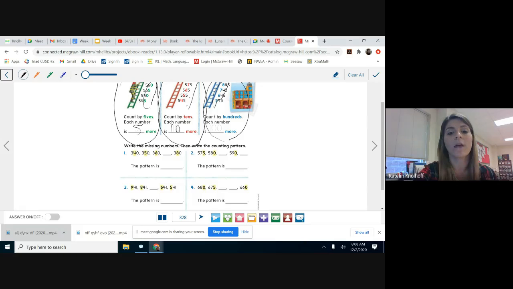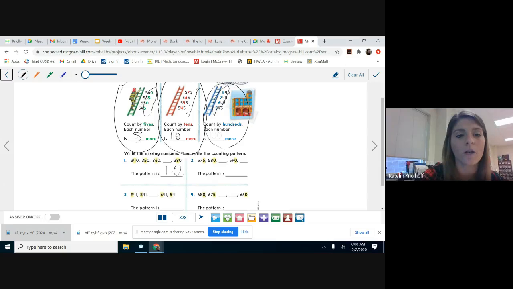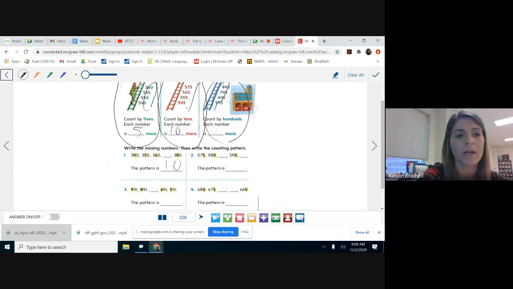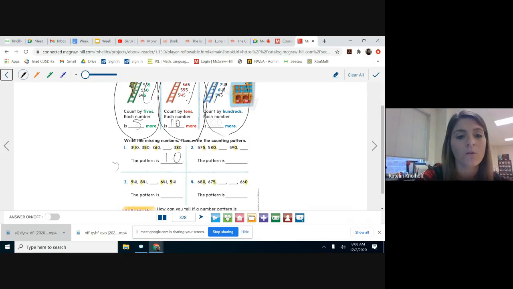So we know that we're skip counting by 10. And we know that this number should be, I'm going to write it over here because I can't write that small, 370. And the pattern is 10.